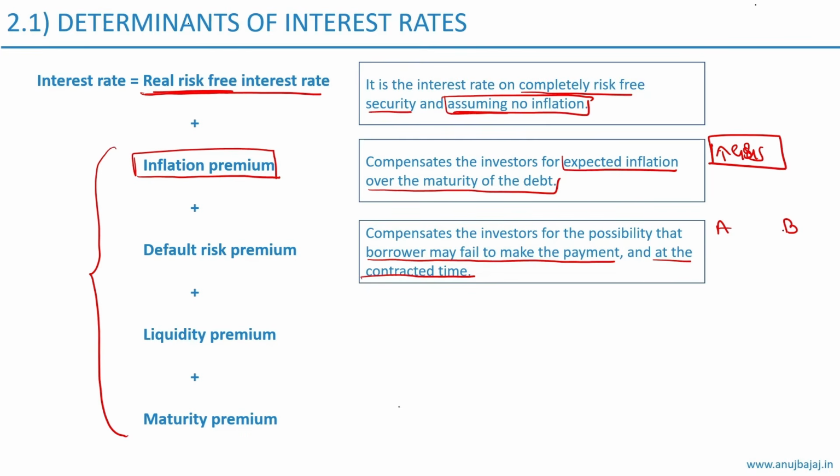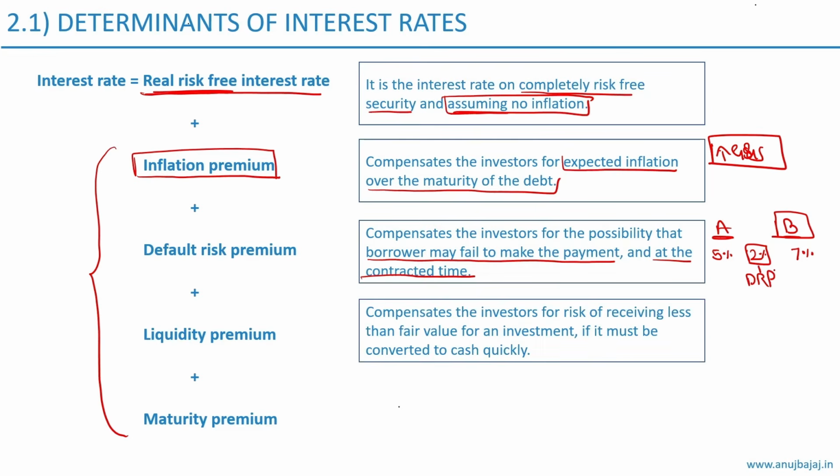Whereas Mr. B has a chance that he might fail to make the required payments. He might default on some of the payments. So you charge Mr. A an interest rate of 5% and you charge Mr. B an interest rate of 7%. The additional 2% reflects the default risk associated with Mr. B. So this 2% is the default risk premium.